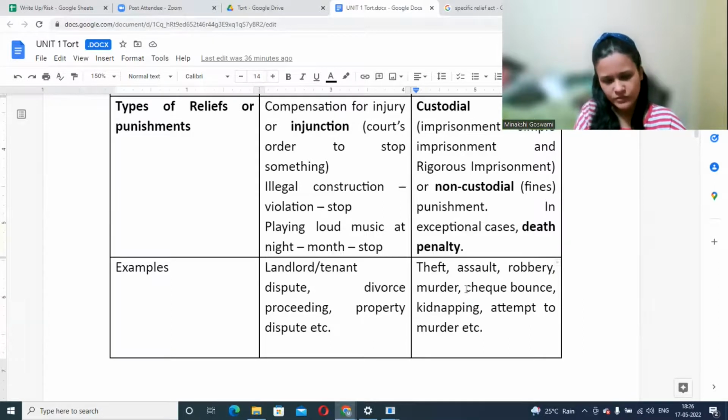See, for check bounce, it's a completely different process. You can read more about it in the Negotiable Instruments Act. There is a legislation. So you don't straight away go to the court. First of all, if the check was given to me, I need to deposit the check. That check has to be dishonored by the bank. After that, I should give you notice. If you are not responding to the notice, after that only I can file a case.